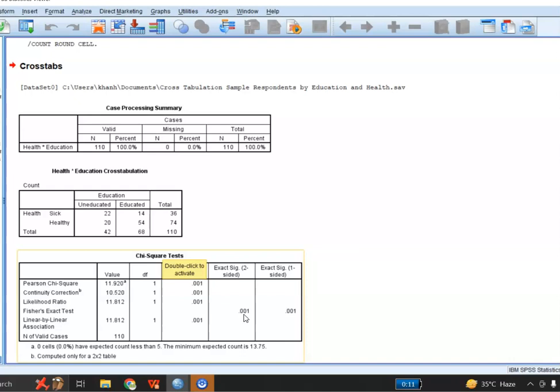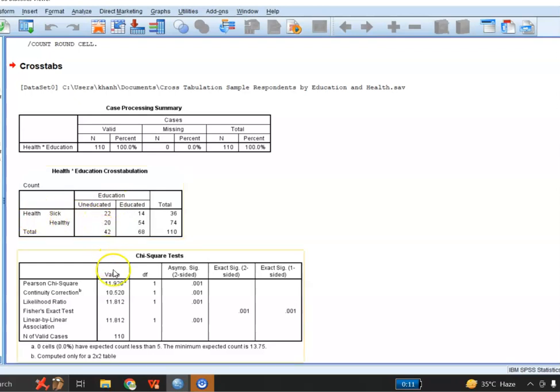So since this value is less than 0.05, it means that this Pearson chi-square test value is significant at 1%, and on the basis of this p-value or significance value, we reject the null hypothesis of no relationship between the two variables. So we conclude that there is a relationship between education and health.